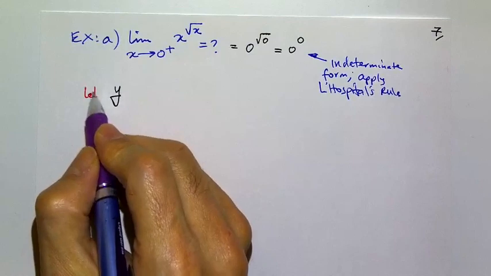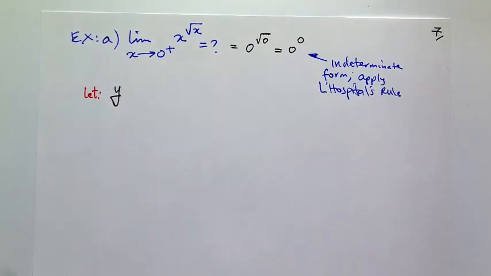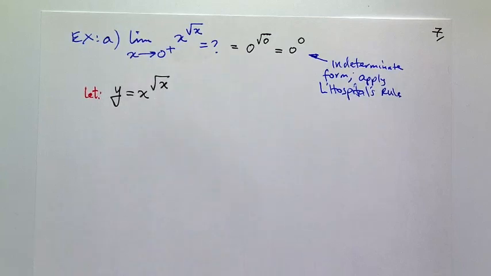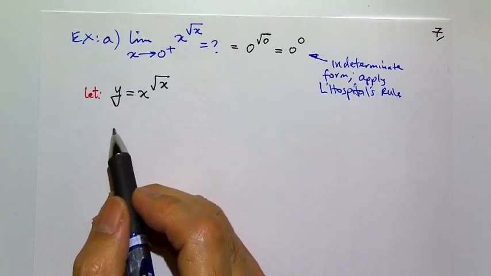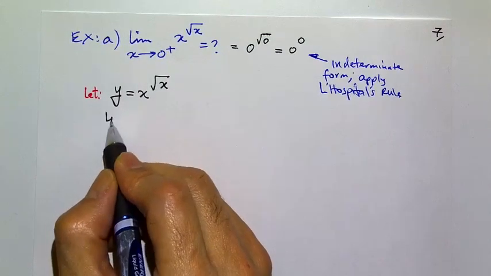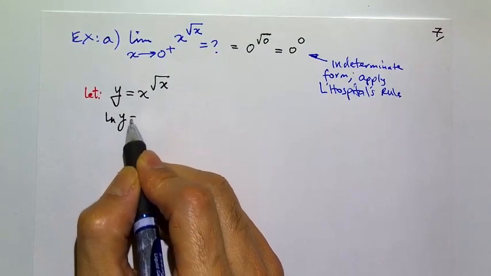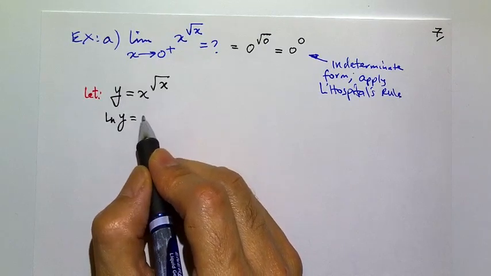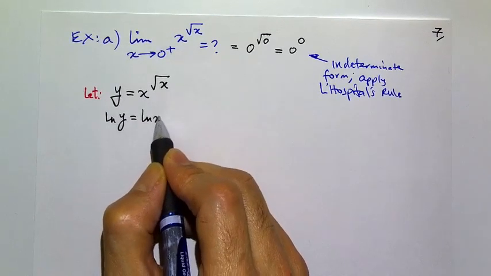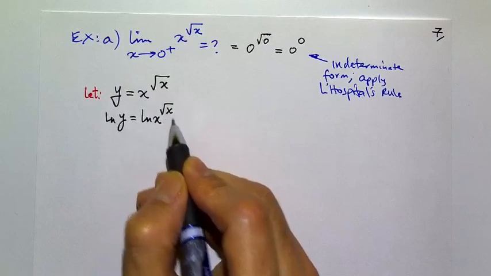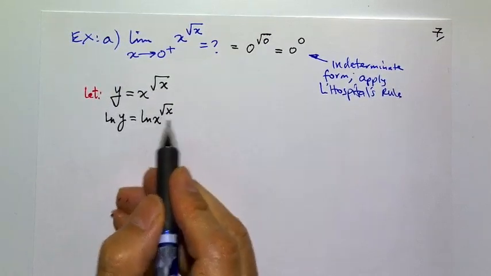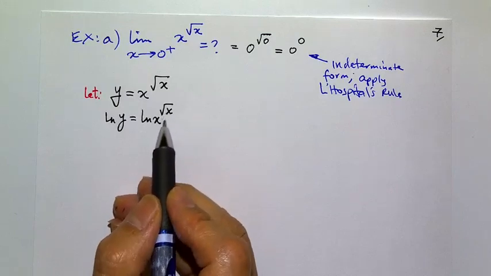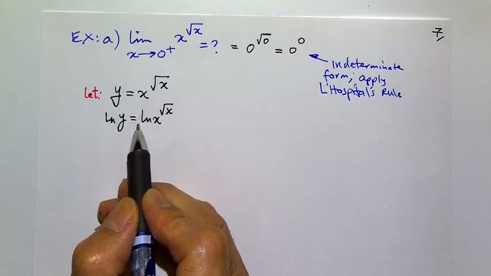Let y equal x to the square root of x, right? Now we're going to take the natural log of both sides. So natural log of y is equal to the natural log of x to the square root of x power. By the properties of logarithmic expressions, this square root of x can come down in front.